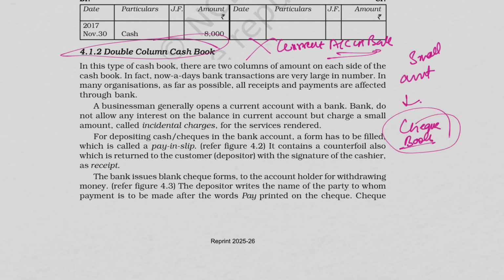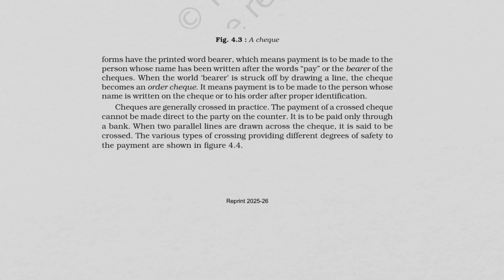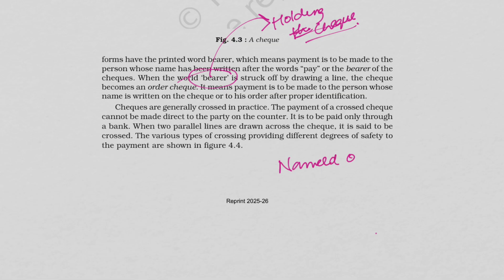There are various types of checks. We have the bearer check, order check, and cross check. A bearer check is when payment is made to the person who is holding the check. An order check is when payment is made to the person named or his order.